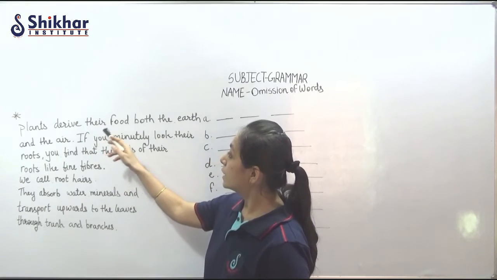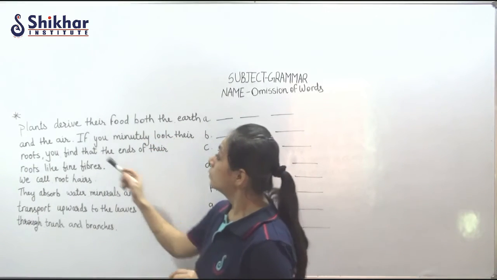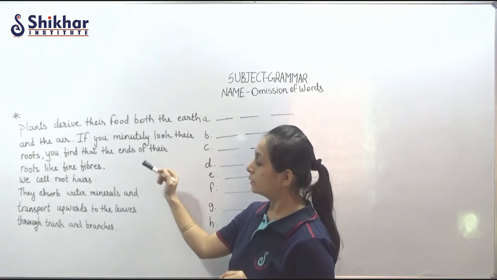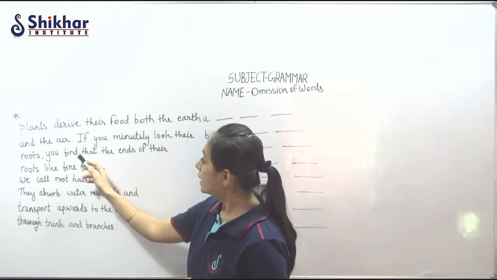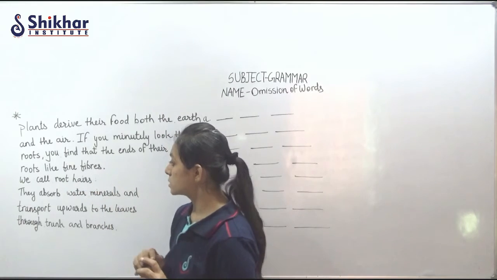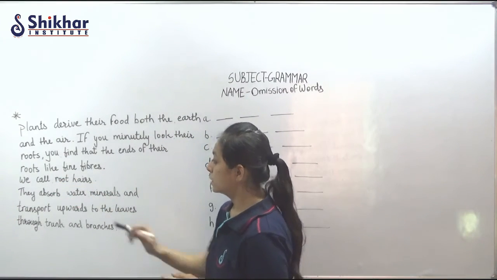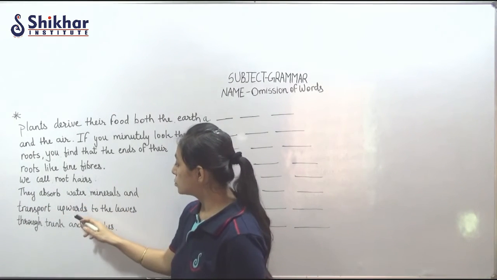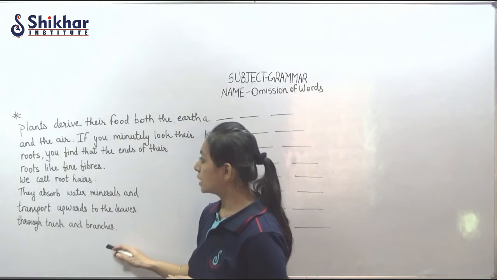Plants derive their food both the earth and the air. If you minutely look their roots, you find that the ends of their roots like fine fibers. We call root hairs. They absorb water, minerals and transport upwards to the leaves through trunk and branches.